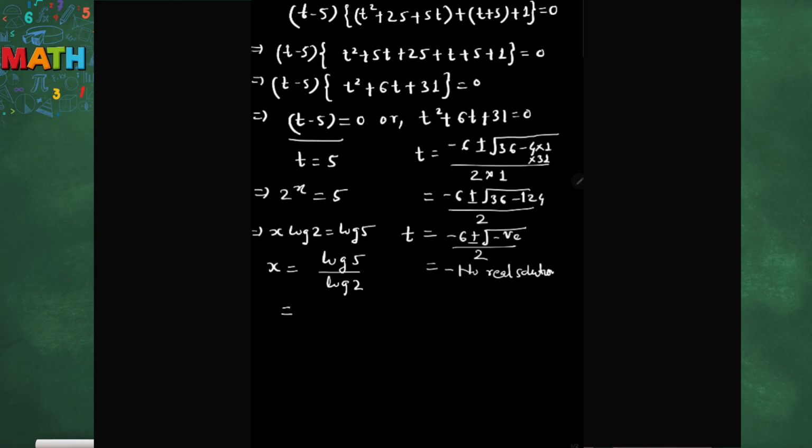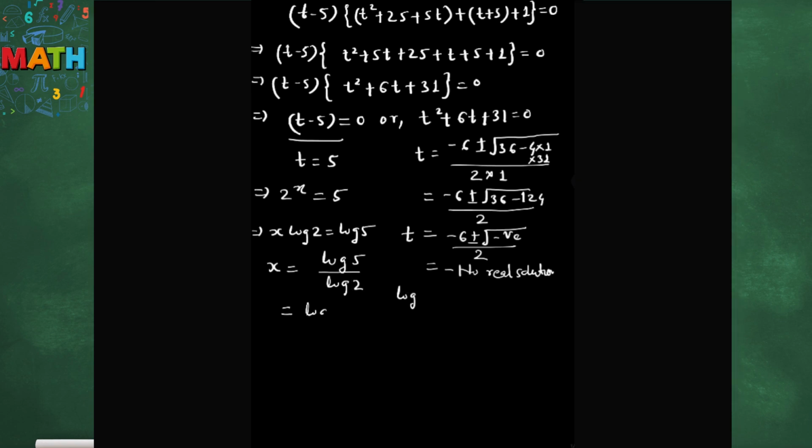Now you can simplify it further. Just apply a log rule, the log base change rule. So for example, x is log 5 base 2. And the log change rule is what?